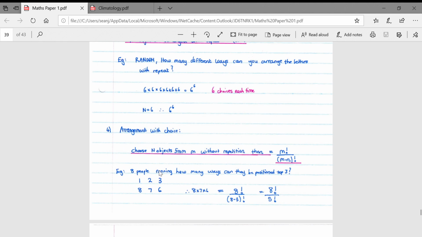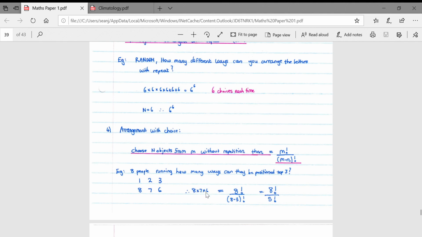So if we have 8 people running, how many ways can they be positioned in the top 3? So our first step is to look at this and say, okay, we have 8 people running, so in the beginning we have 8 people qualifying for position 1, and then because it's without repetition, we're implying a factorial here.